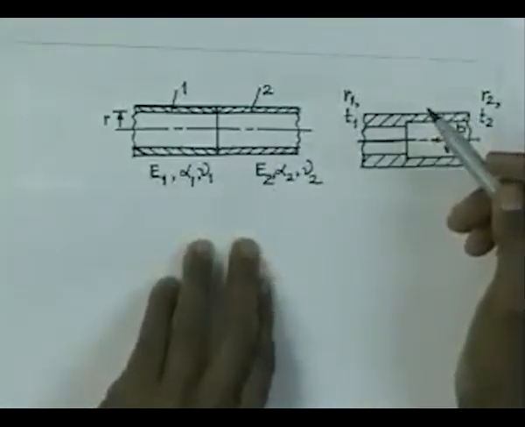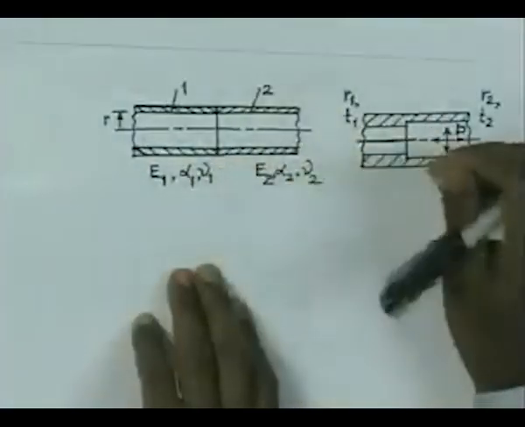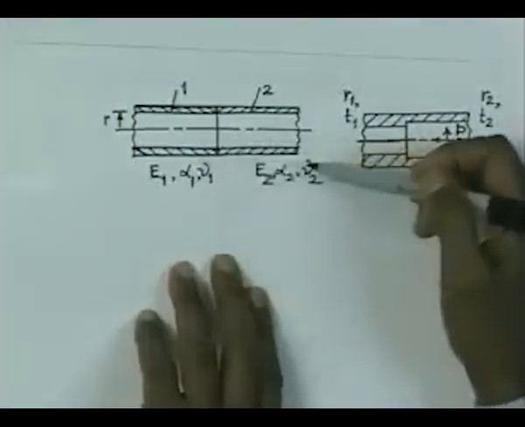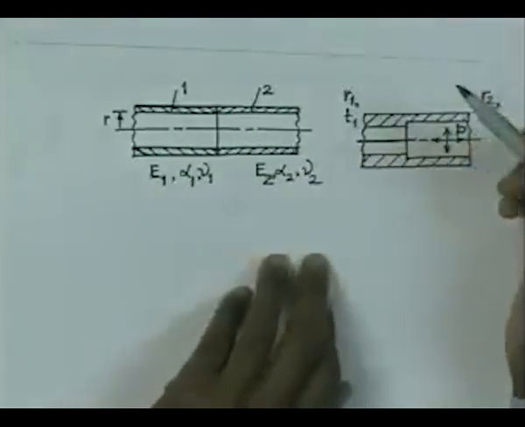You find that in power plant applications, when the temperature is high, then the vessels are made up of stainless steel and the portion of the components which are away from high temperature region, they are made up of ferritic steels. So, one can have this portion made up of stainless steel, this can be made up of ferritic steels, and these materials they have different coefficient of thermal expansion, though their modulus and Poisson's ratio may not differ significantly.